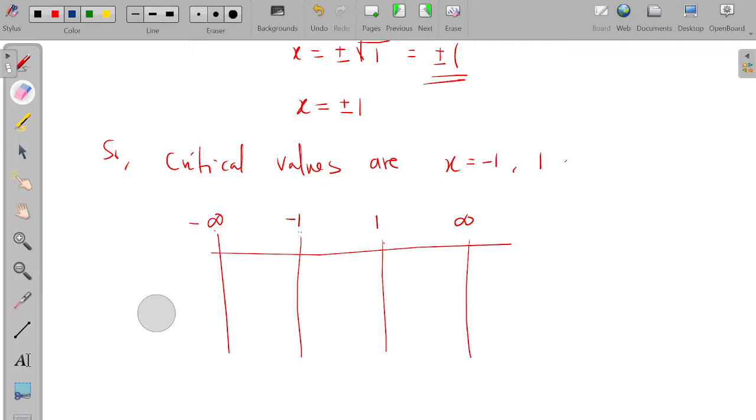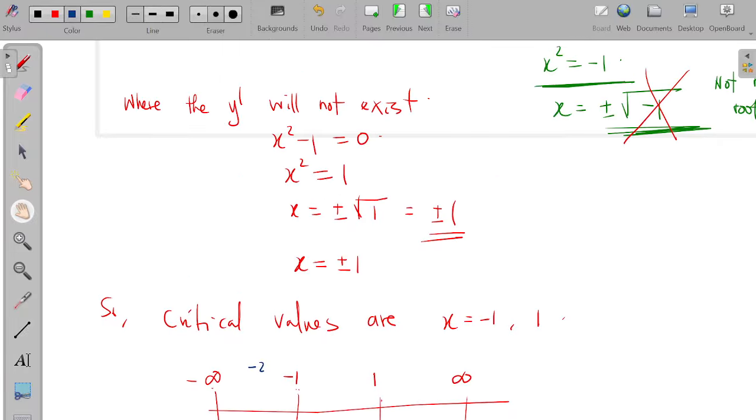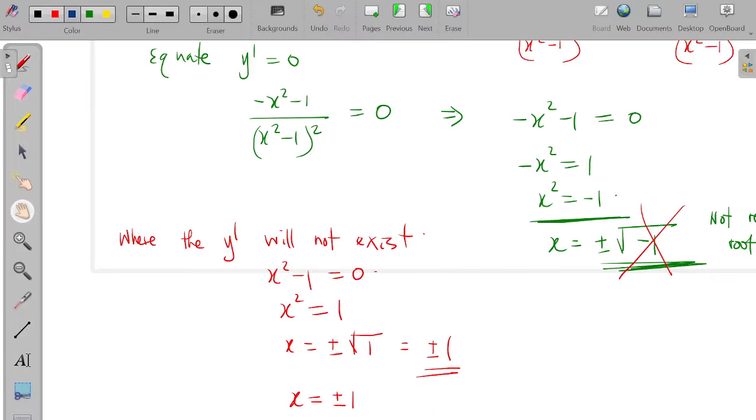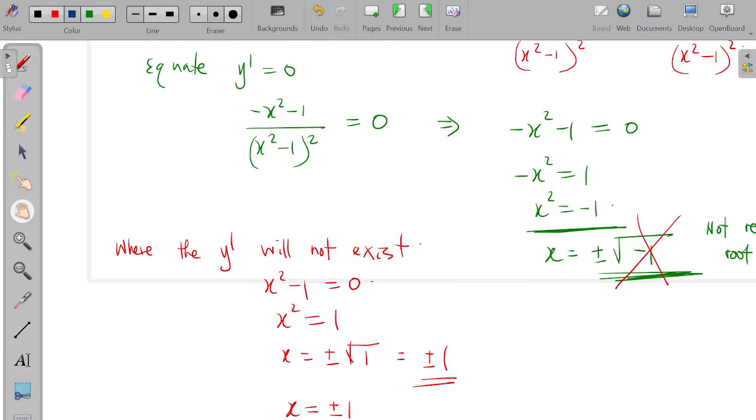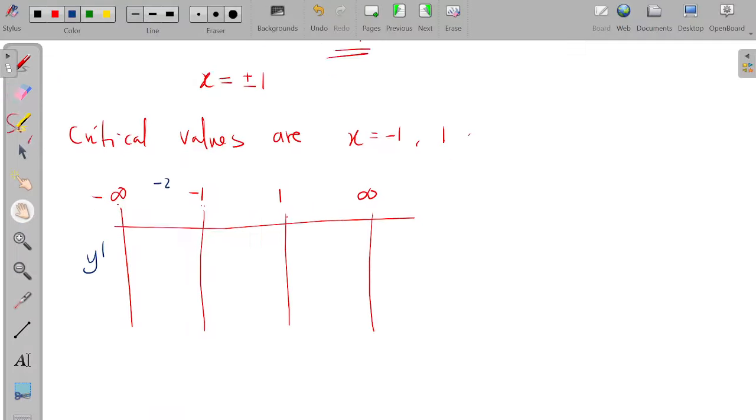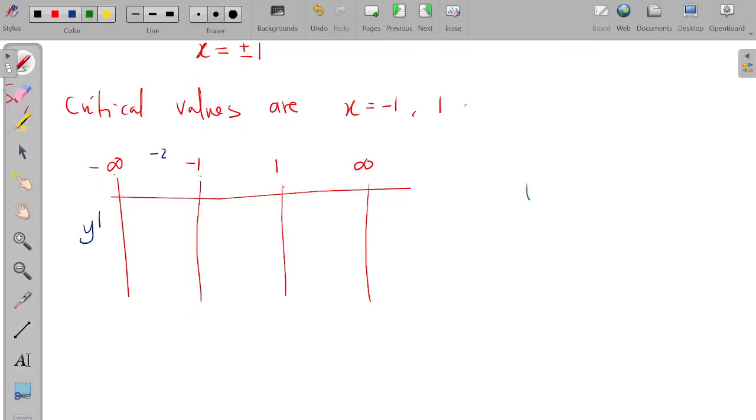Within this range, if I pick -2 and put it inside the derivative, the derivative can be written as minus x squared plus 1 all over x squared minus 1 all squared.